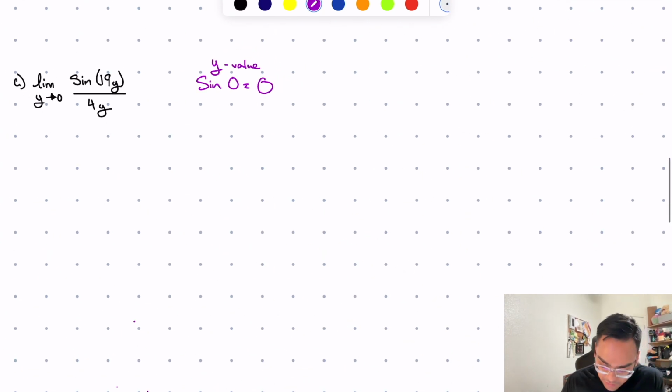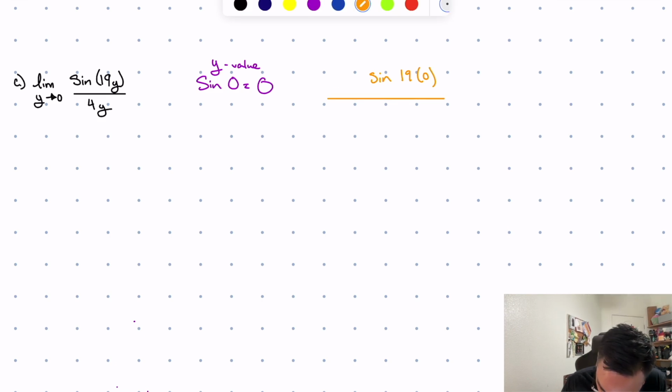So if we know it's 0 and we plug this in, in orange, 19 times 0 over 4 times 0, we get the same thing.